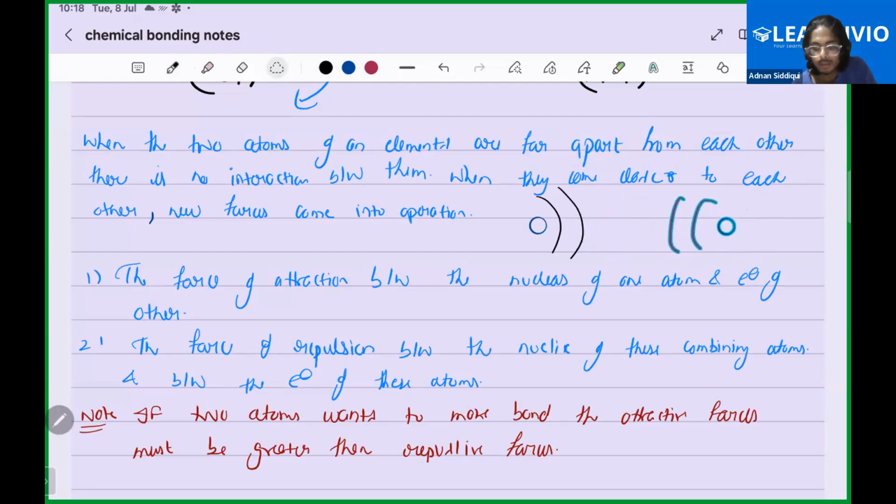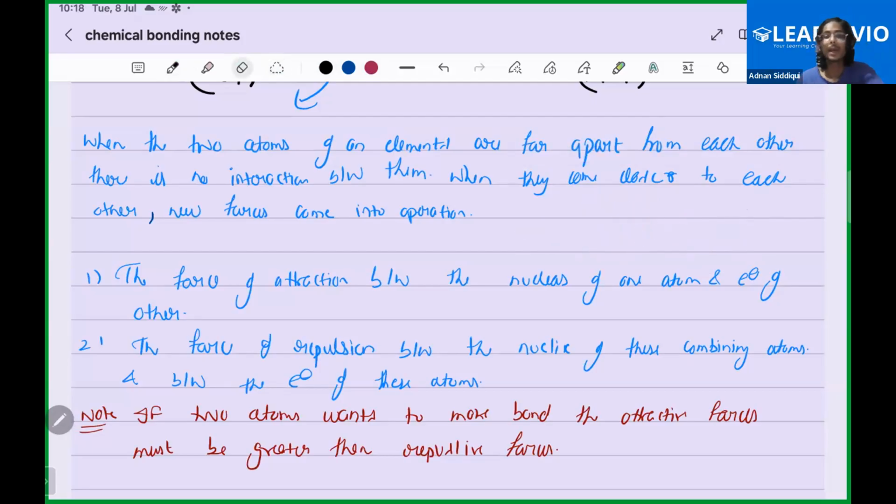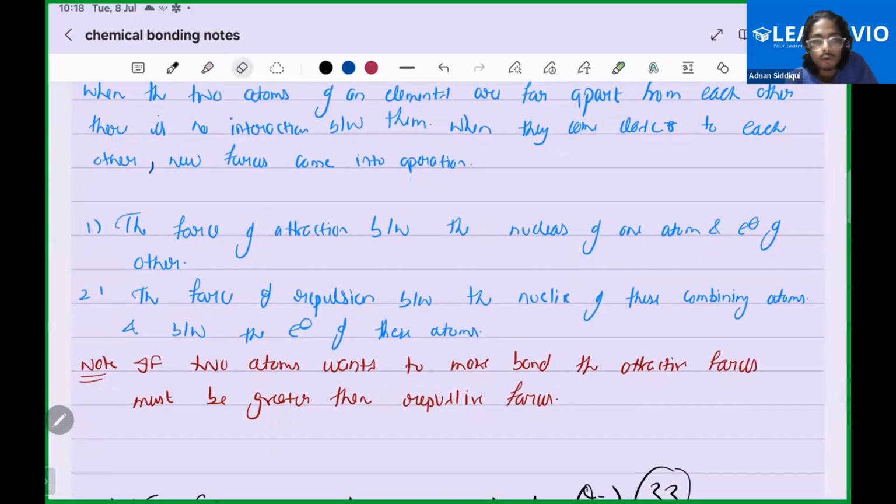Let us talk about the new forces of interaction or attraction that come into play when the atoms are approaching each other. The force of attraction between the nucleus of one atom and the electron of the other is the first type of interaction, or to be more specific, the attractive force that we are going to observe between two atoms.